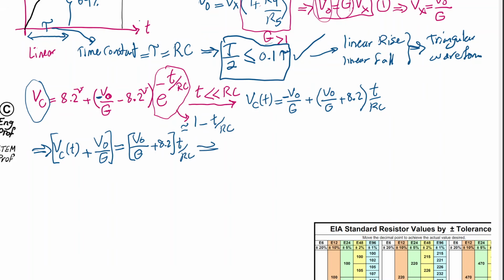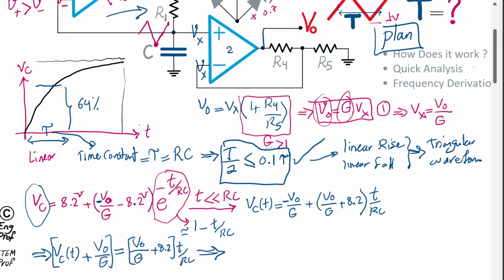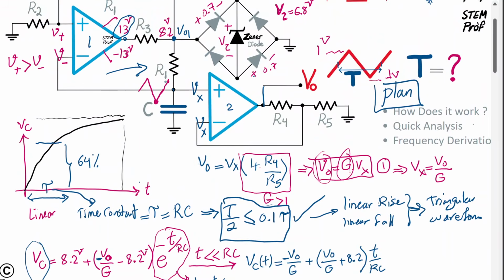Okay, so imagine when we are charging up at this node, I'm going to move the cap here, we are going from negative V out over G, basically negative Vx, to positive Vx. So this peak is now positive Vx, so positive V out over G.